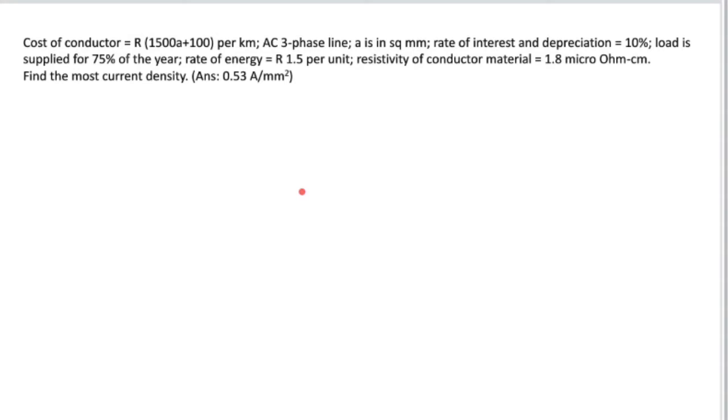Let me just double check the answer on my calculator. Yes, with 150 it will be 0.53 for sure. Check with 1500, because I wrote 1500 in the problem.